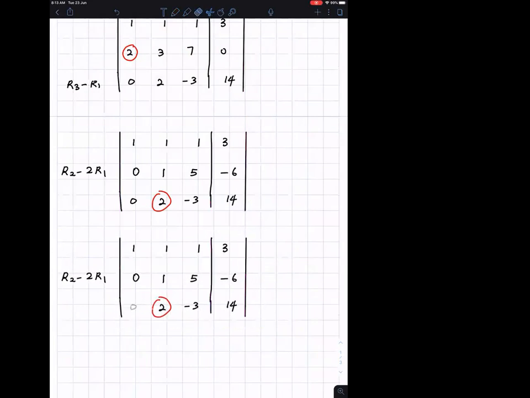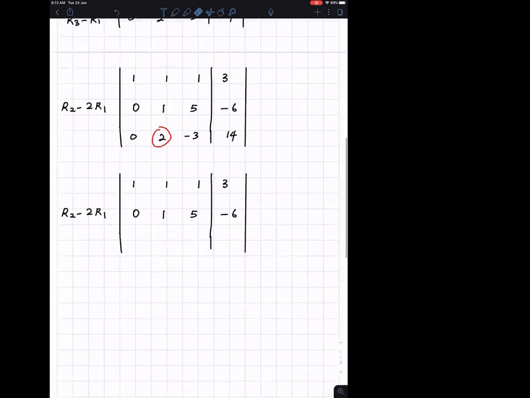If you want to make that go to 0, you have to look for ways to do that. I can say row 3 minus 2R1.